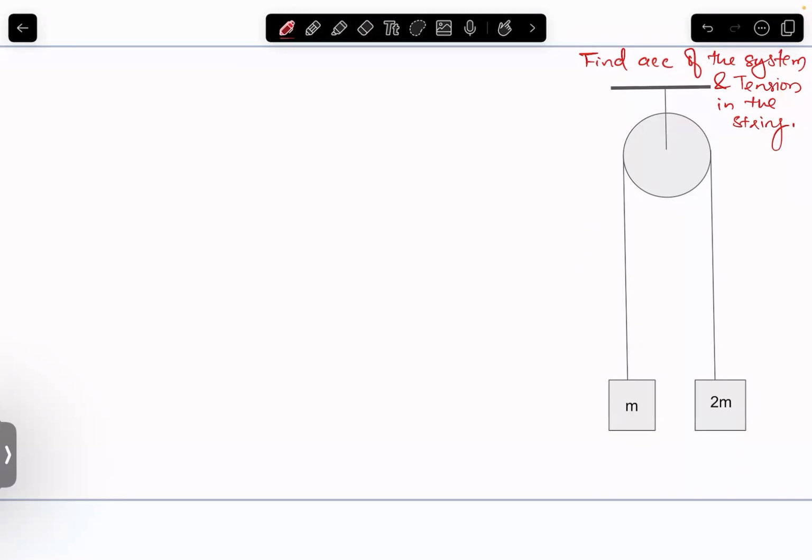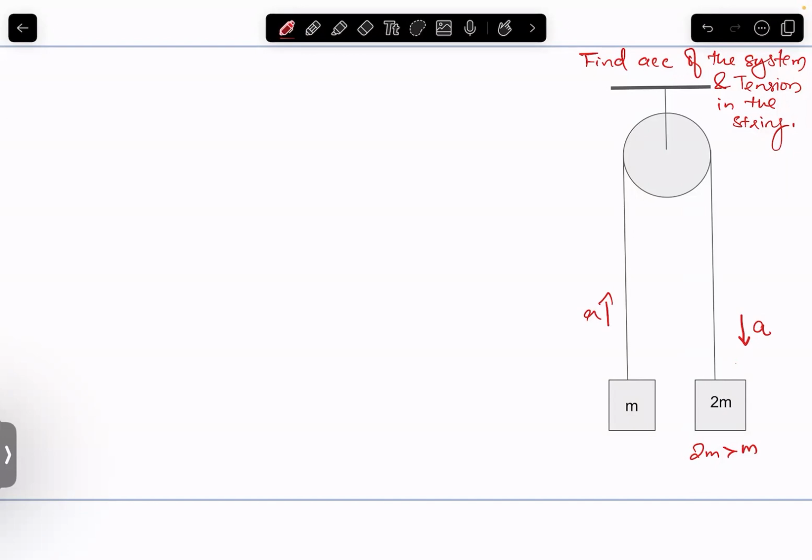Obviously, you know that 2m is larger than m. So if you're hanging two blocks like this, the whole system will be falling downwards via the right side. So m will go upwards with an acceleration a, and 2m will come down with an acceleration a.